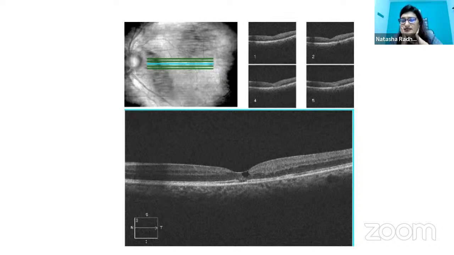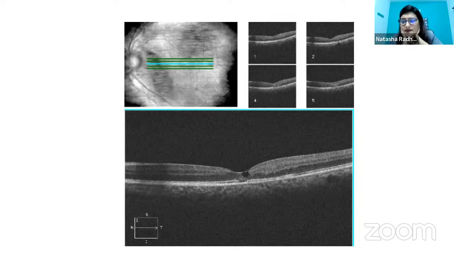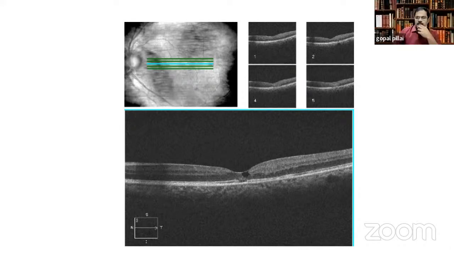Which stage will you treat? So the common IJT that we see is which type, Nia? Among the 3 types that you told? Acquired, ma'am. Type 2, acquired and bilateral.